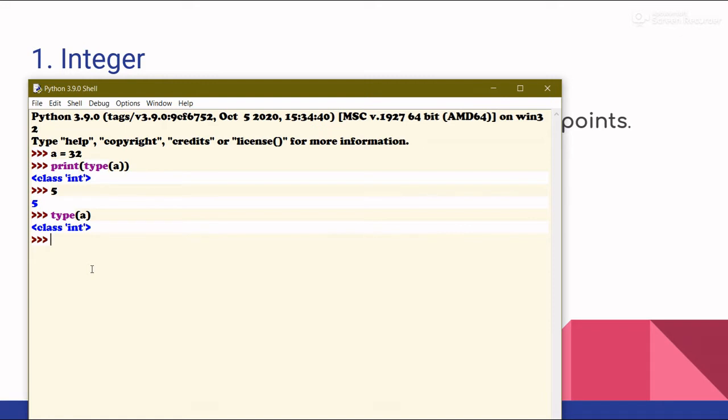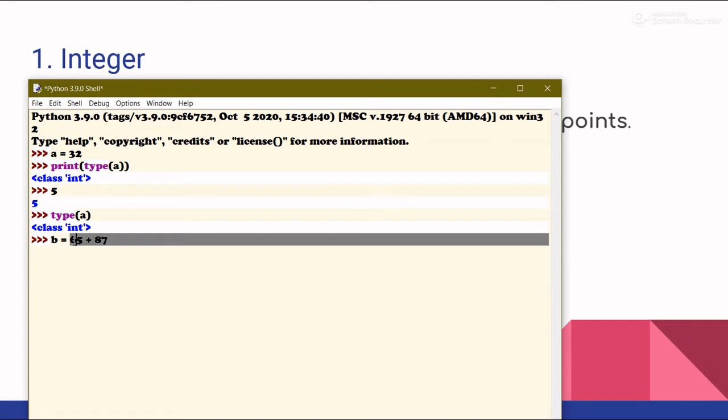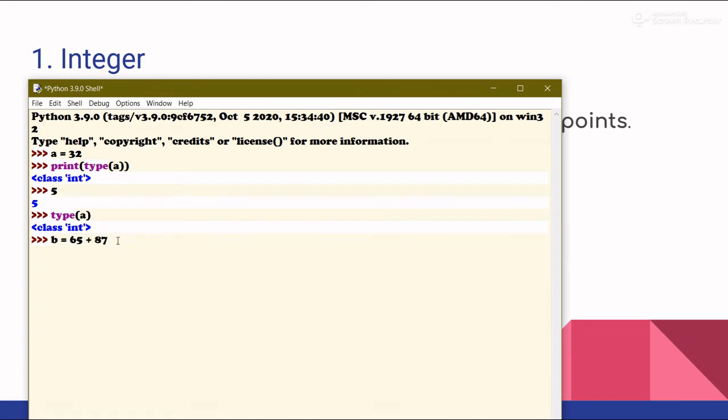For example, let's say we make another variable and we can obviously store 65 in this, but instead of storing 65, let's say we used a plus sign and then 87 like that. And what do you think will happen? What is this? It's actually nothing but an integer. So how does that work? Let me show you. Let's say print b.